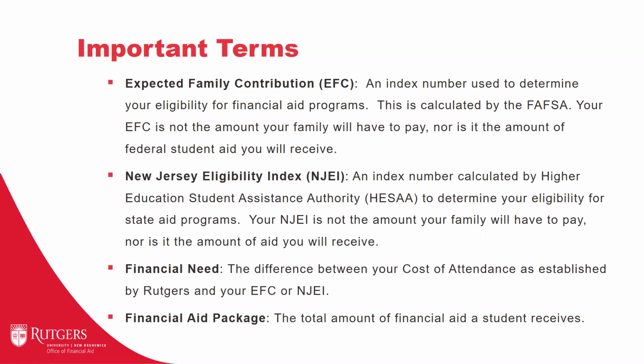It's an estimated number established by our institution. As we go over the financial aid offer letter, I will show you how that cost of attendance is broken down. So what we do is subtract the EFC from the cost of attendance, and that gives you the financial need for a student.